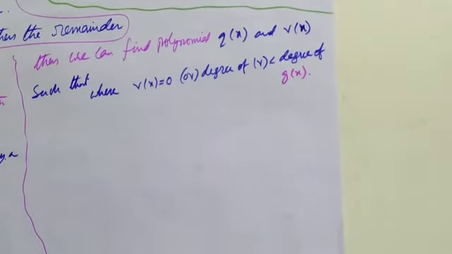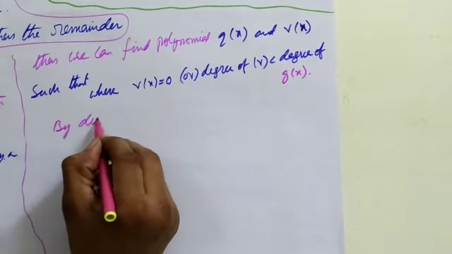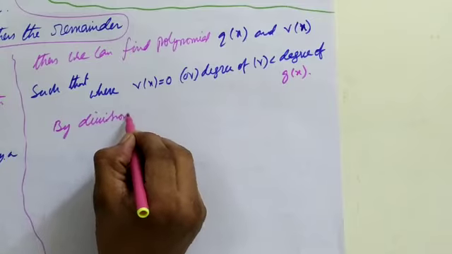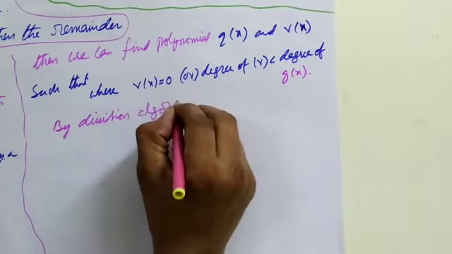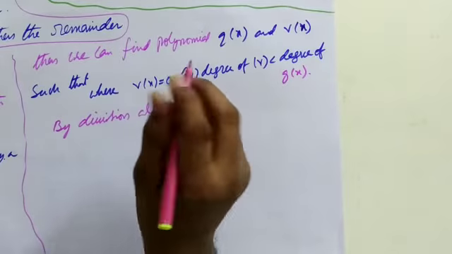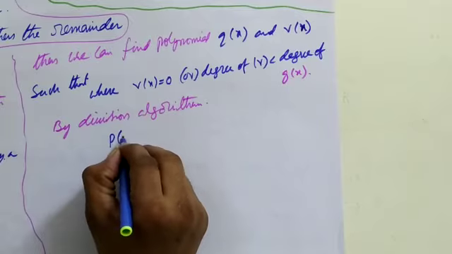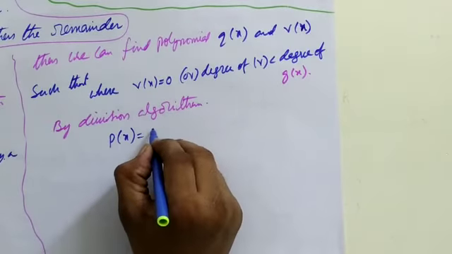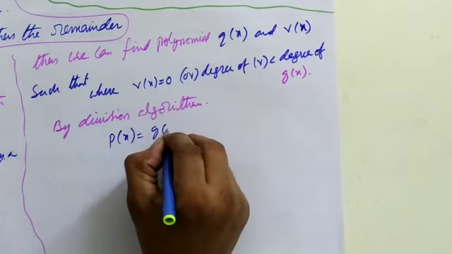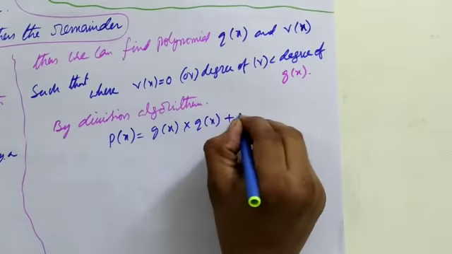Now see, by the division algorithm, P of x is equal to g of x into q of x plus r of x.